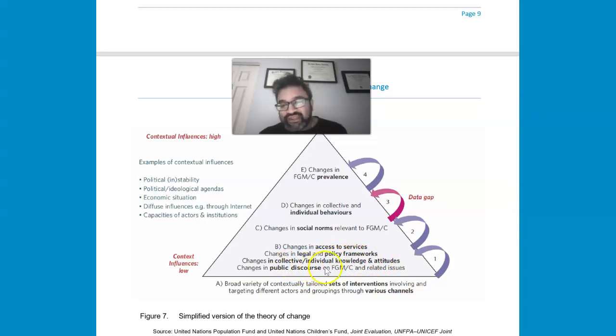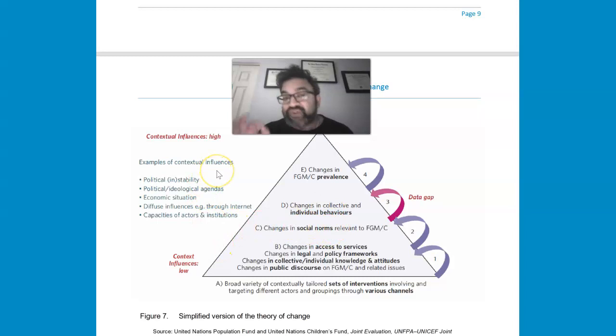What is important here, looking at this triangle figure, is that one leads to the other: social norms, then individual behaviors, leading to changes in prevalence. So how one change leads to the next, whatever the subject matter may be. That's what's important.